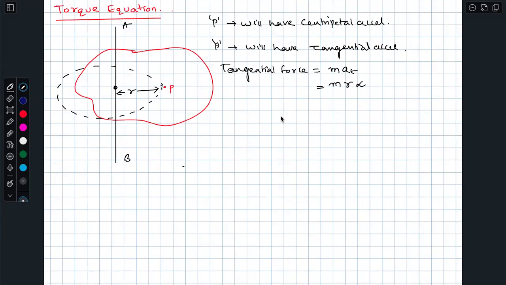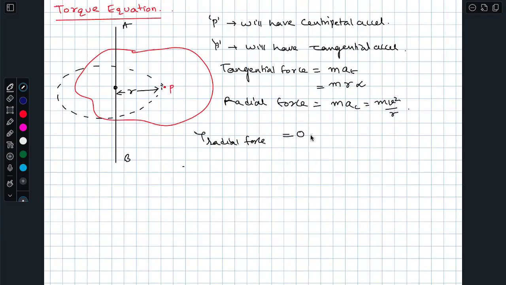The radial force is m a_c, that is mv square by R. Now the torque of radial force is always 0. Why?